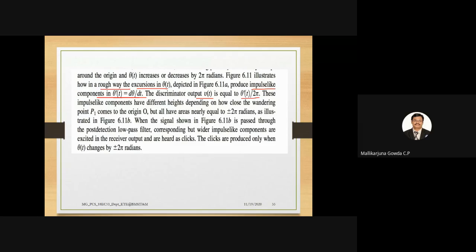These impulse-like components have different heights, depending upon how close the wandering point P1 comes to the origin. As I said, theta varies by plus or minus 2 pi radians. That is the first figure.